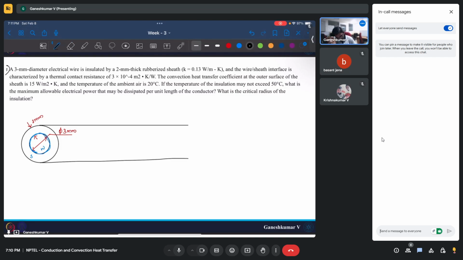Okay, so let's write that down. K of this sheath is 0.13 watt per meter Kelvin, and the contact resistance between this is 3 into 10 power minus 4 meter square Kelvin per watt.